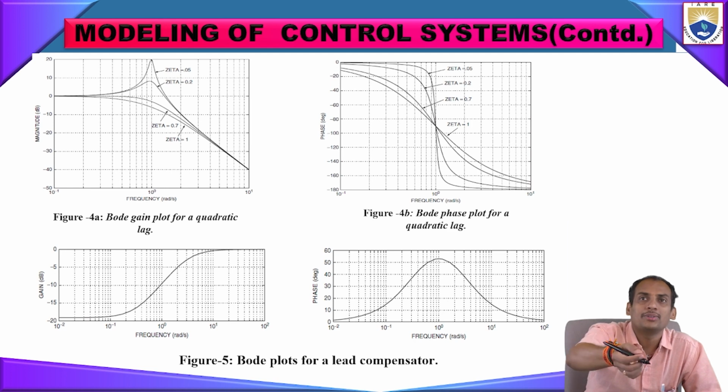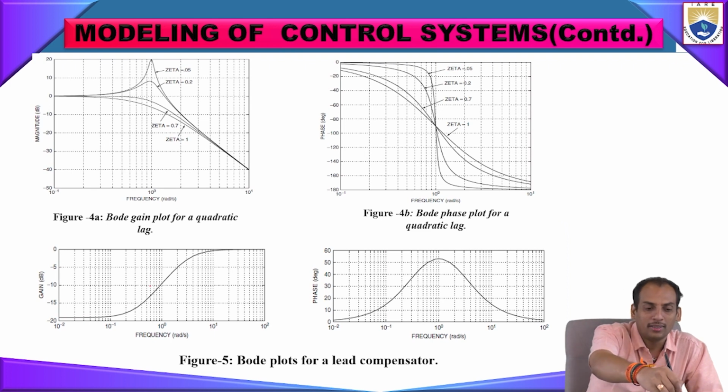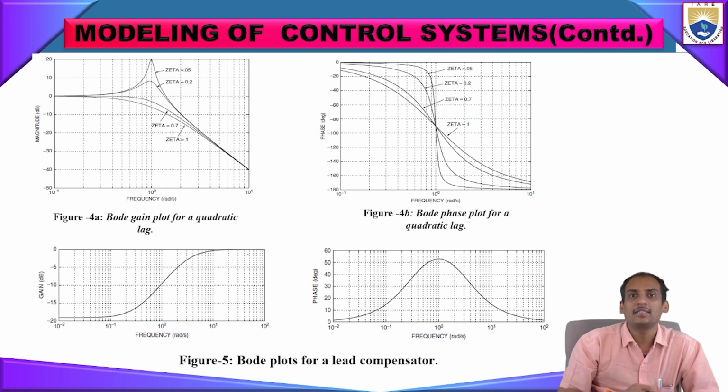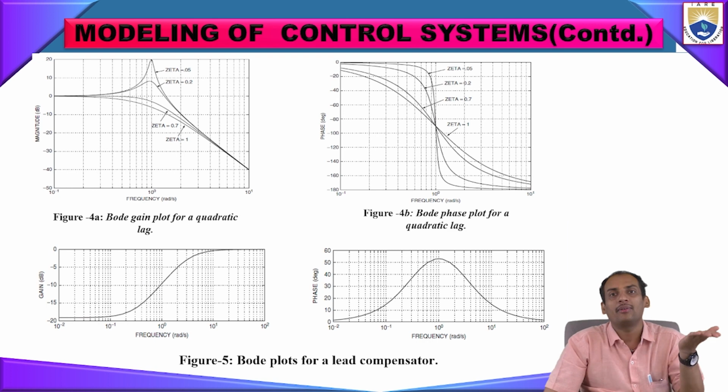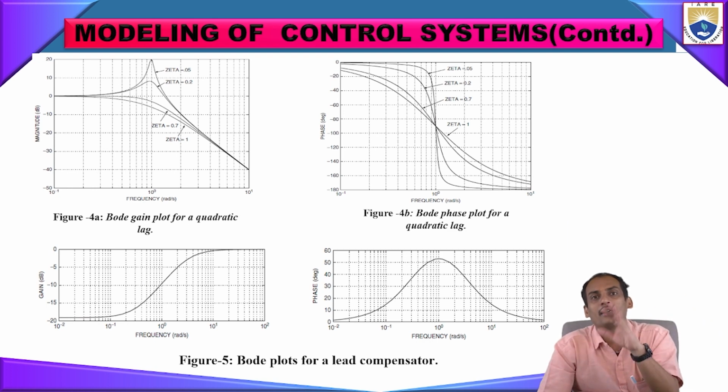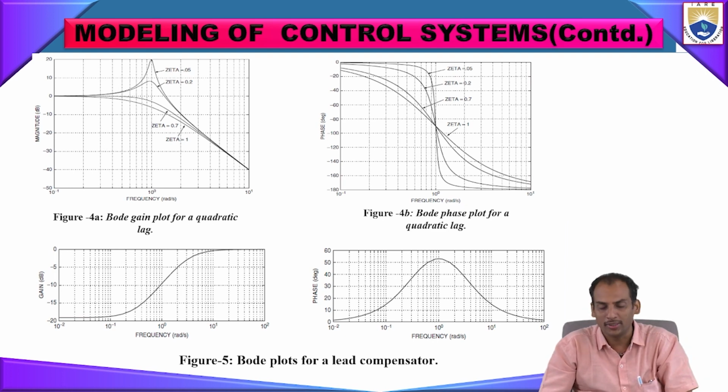Here also, for different frequencies, the values have been given and the frequency response has been given. The gain changes gradually from downward to upward, and there is a peak from upward to downward also.